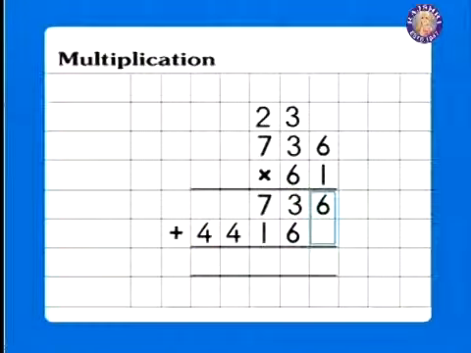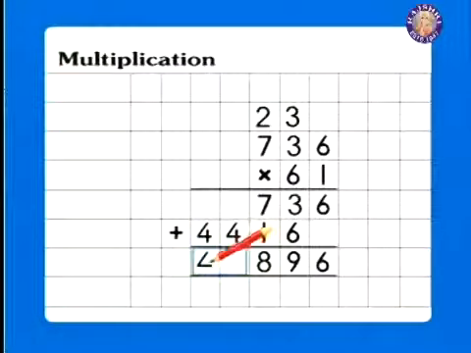We get 6 plus nothing is 6. 3 plus 6 is 9. 7 plus 1 is 8, and both the 4s are written below the line. So the final answer is 44,896.